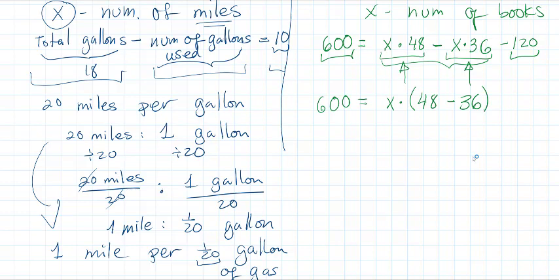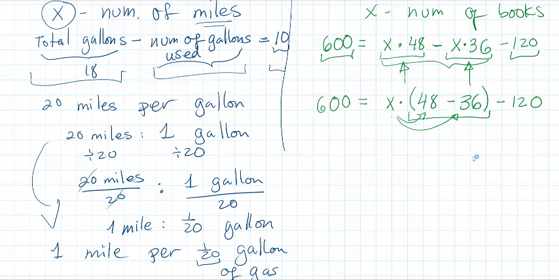Okay, what we've done here is we've basically used the distributive property for multiplication of parentheses, right? Because if we look at this, let me just write out the full equation, minus 120 here for the shipping. If we look at this, we have x times 48 right here minus x times 36. That is exactly the distributive property.